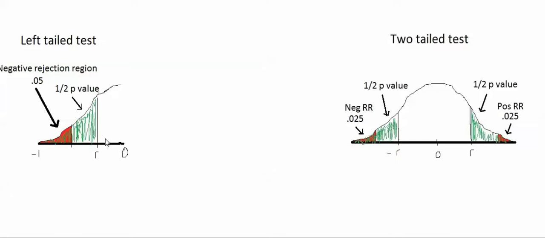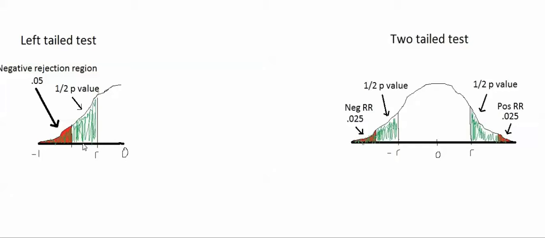There's no positive critical value. And the area going from this critical value here, out here, to negative 1 is the negative rejection region. So in a left-tailed test, all you have is a negative critical value and a negative rejection region. You don't have the positive critical value and the positive rejection region out here.